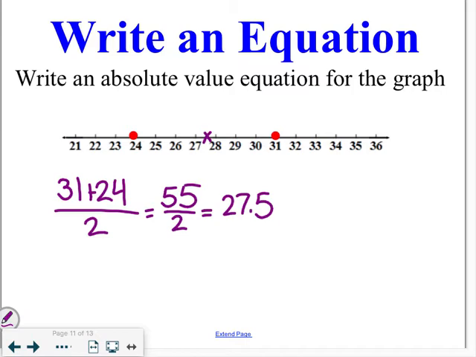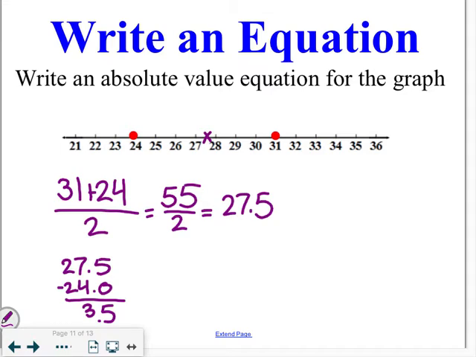The next thing we need to do is figure out how far apart it is from either of the endpoints to the middle. It should be the same amount for both of them. So I can do this by doing 27.5 minus 24, which gives me 3.5.